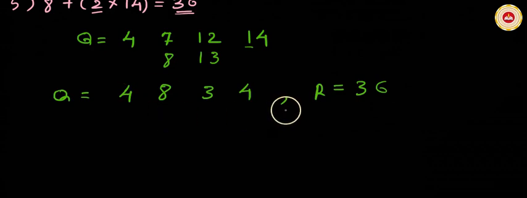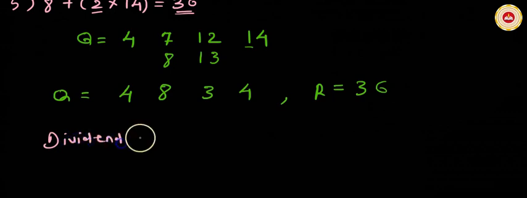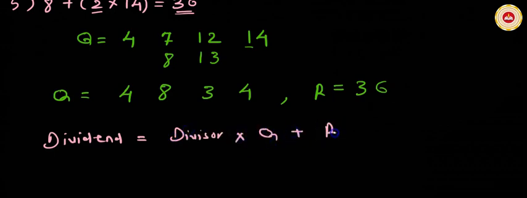Now friends, if you are doubtful of this answer, then let us check if our answer is correct or not by applying the Bijanka method, the digital root method. What is the division algorithm? Dividend equals divisor multiplied by quotient plus remainder.